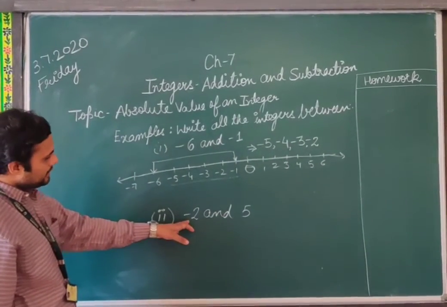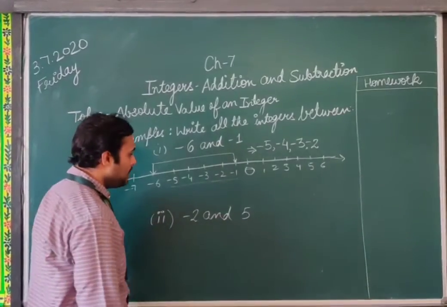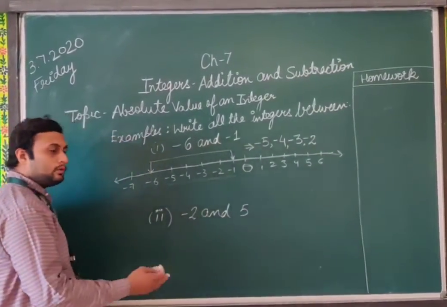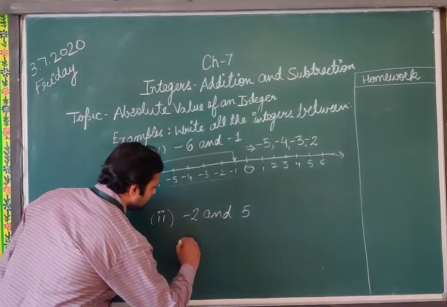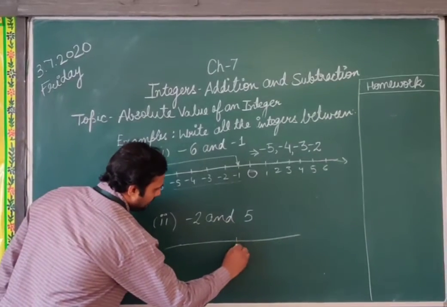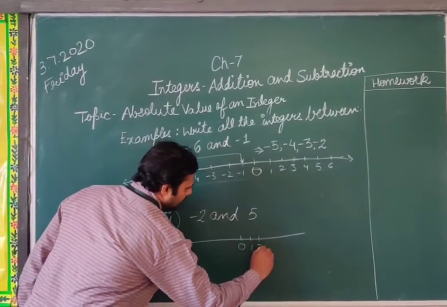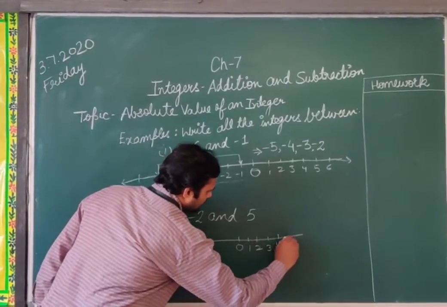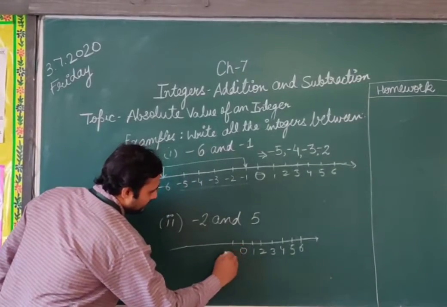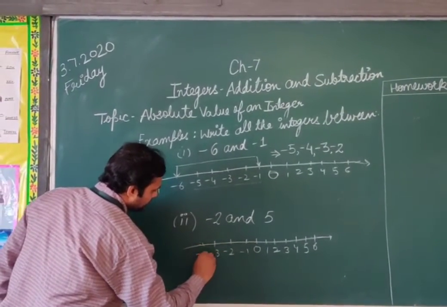Now the next question is, you have to write all the integers between -2 and 5. If you know all the integers, you can easily write, but if you don't know, follow the same procedure. Draw the number line, center is 0, right hand side all the positive integers, left hand side all the negative integers.